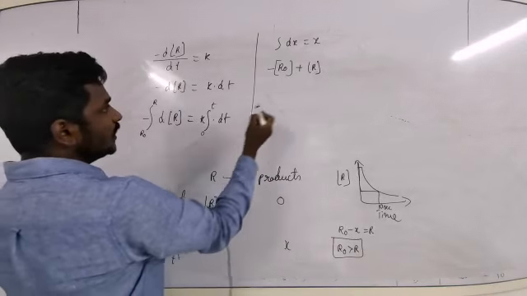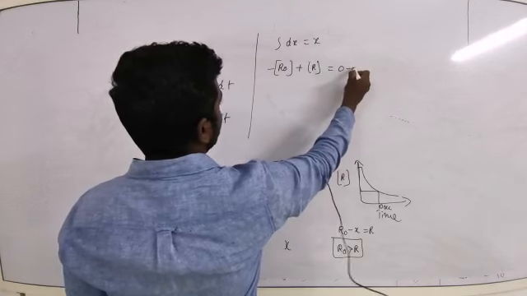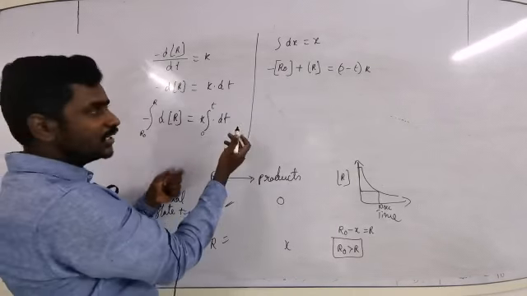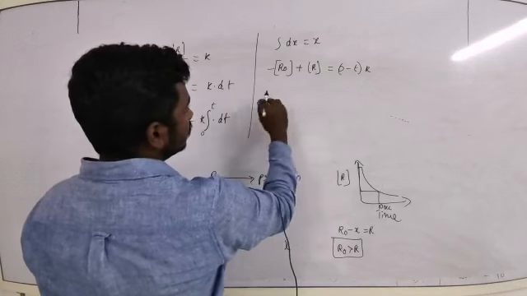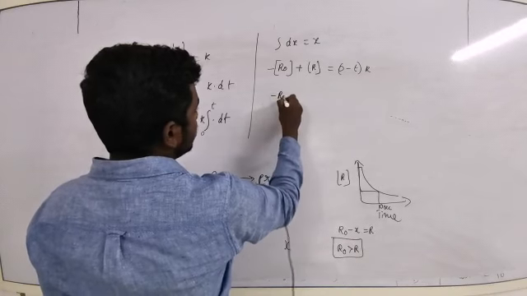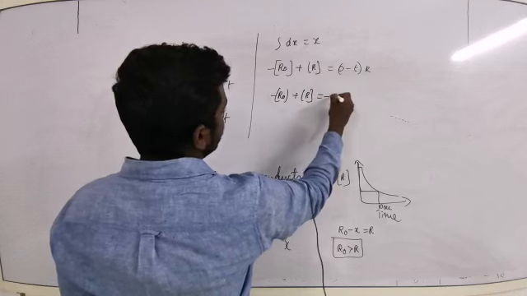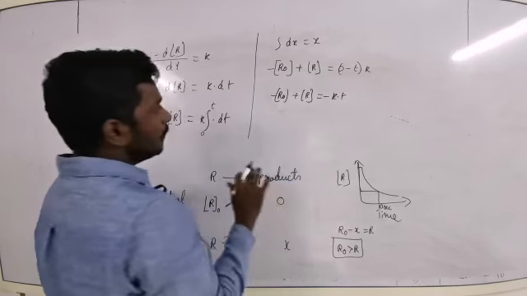Then integral dt will be 0 to t, minus t into k. So initial minus final state, then it will be minus of initial concentration R0 plus concentration of reactant is equal to minus k into t.